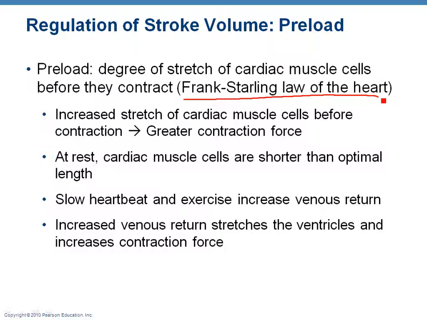So before they ever start forming those cross bridges and sliding across each other, let's think about it. Let's say they're starting off right here before they form those cross bridges and start sliding. These two don't have very far to slide. So that's going to generate less contraction force. Let's say the muscle fiber is more stretched out to about here, and then your actin and your myosin filaments form a cross bridge.